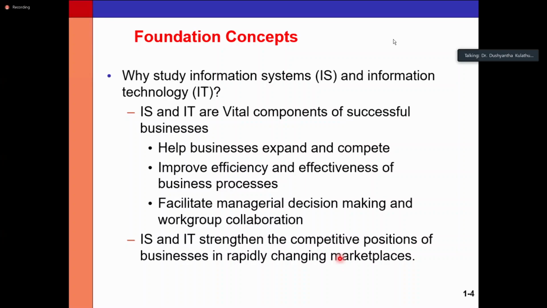They change very frequently, and the competitors change their strategies, and new competitors may come into markets with new technologies. So competing with other competitors is not an easy task. But information systems and information technologies may give organizations some strength to compete with other competitors in a more effective manner. Therefore, that is also an important aspect when it comes to information systems and technologies.